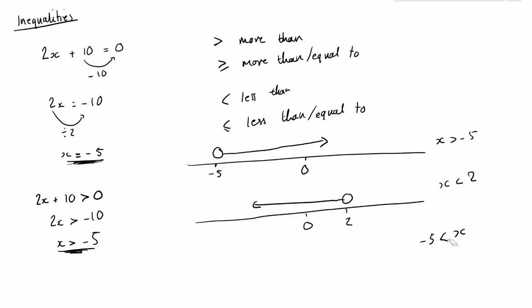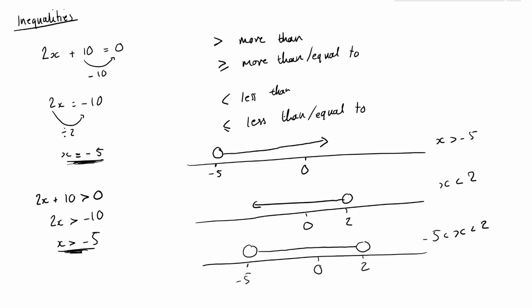And if we got rid of that -5 and looked at the 2, x has to be less than 2. When we put these two things together on a number line, we find the 2, put a circle on that, we find -5, put a circle on that, and the value can take any value in between -5 and 2.